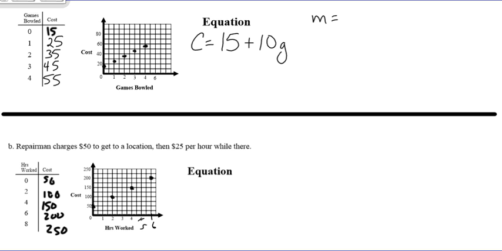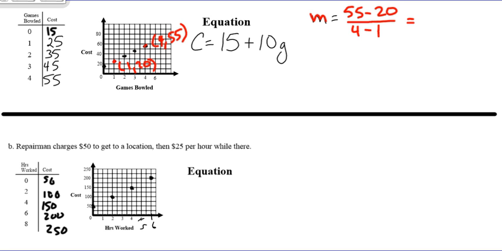What do we have to do? We have to pick 2 points. Any 2 points you want, whichever works for you. I'm going to use (1, 20) and I'm going to use (4, 55). So slope will be change in my y's, 55 minus 20, over 4 minus 1.